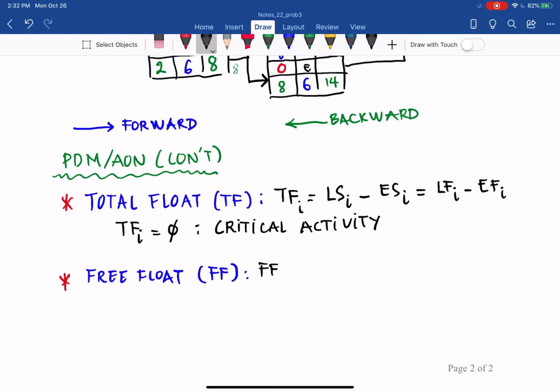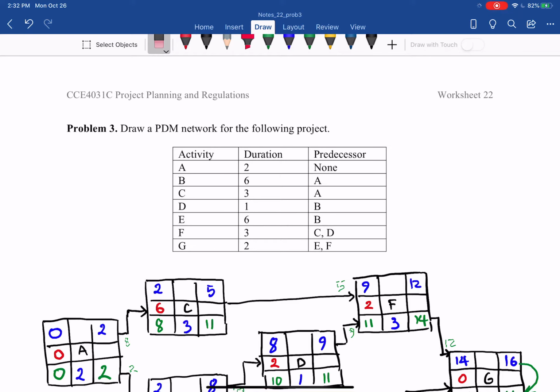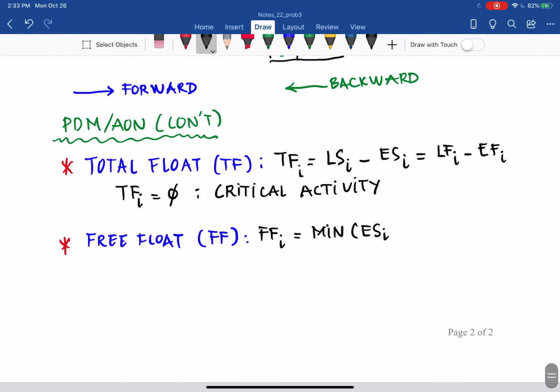The FF of the predecessor equals the minimum of the early start of the successor minus the early finish of that activity. And we also have that the total float is always greater than or equal to the free float.